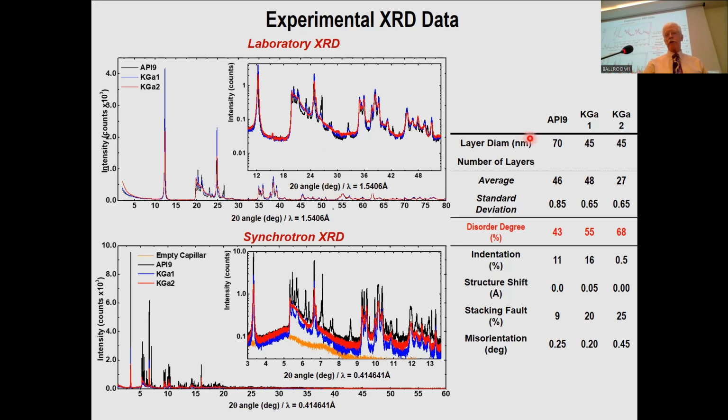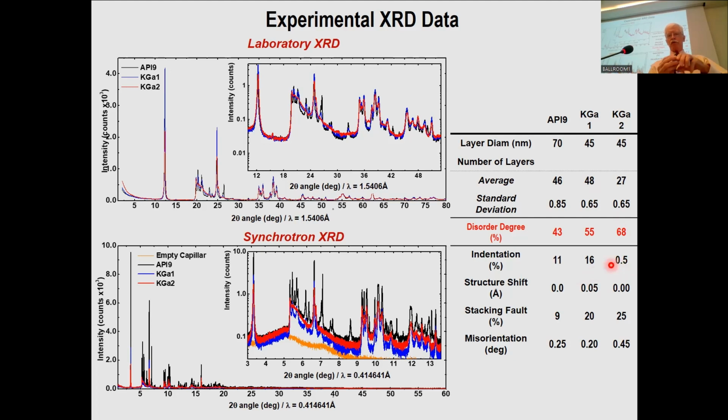The average layer diameter for these, API 9, as many of you know, is quite a nicely ordered Kaolinite. KGA2 is not as well ordered. The average standard deviation is small for KGA2.